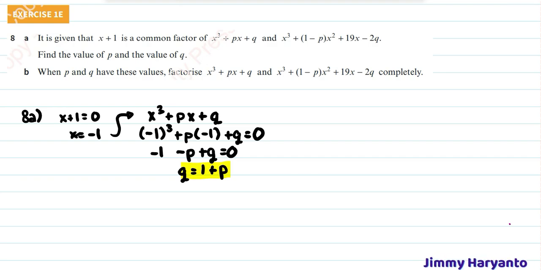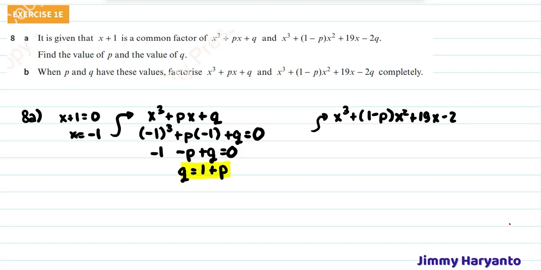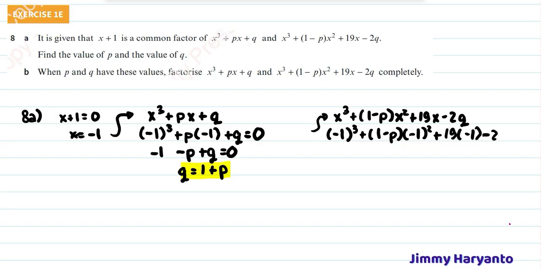Next, let's use the second polynomial, x cubed plus 1 minus p x squared plus 19x minus 2q. We can substitute the x with negative 1, like this: negative 1 cubed plus 1 minus p times negative 1 squared plus 19 times negative 1 minus 2q, and it has to be equal to 0 because x plus 1 is still a factor of this polynomial.